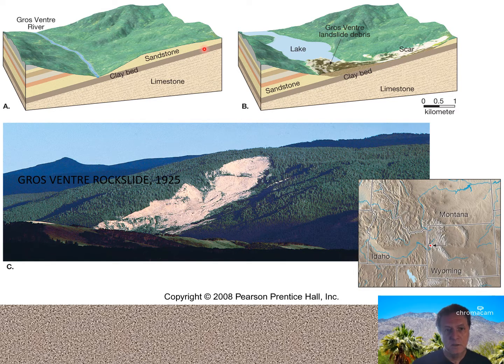And all this sandstone on top of the weak clay bed then slid into the reservoir. This is called the Gros Ventre landslide. This is the scar that's left by the landslide in 1925. It entered the lake and caused overtopping of the dam and much damage downstream.